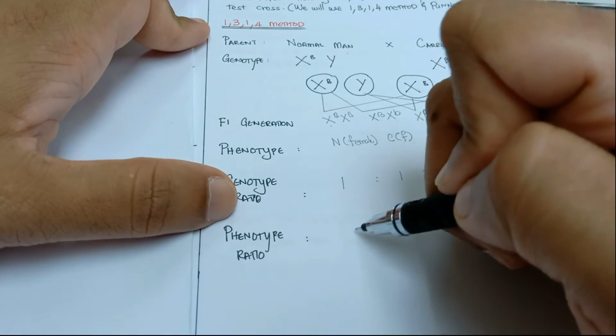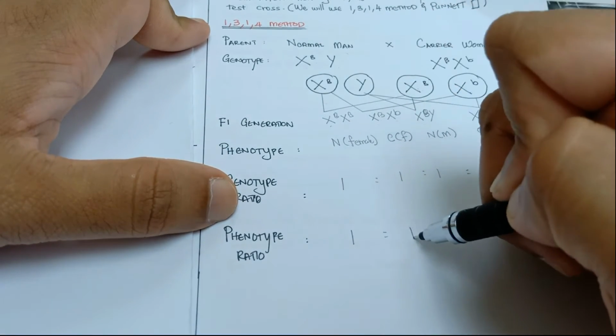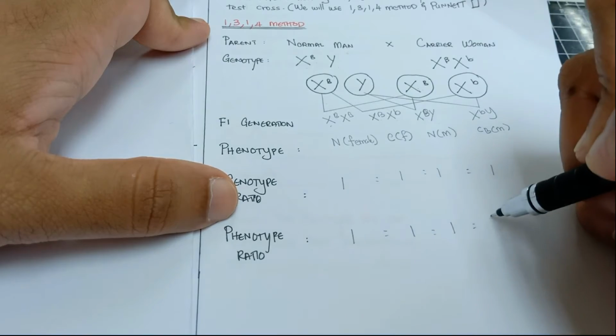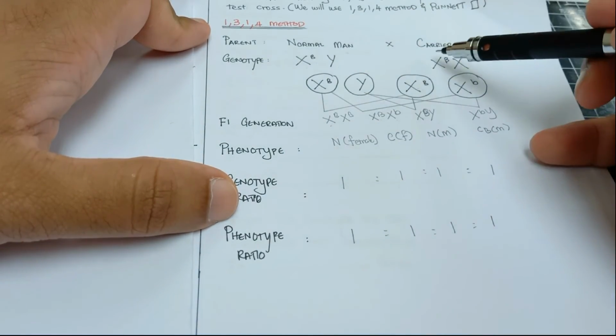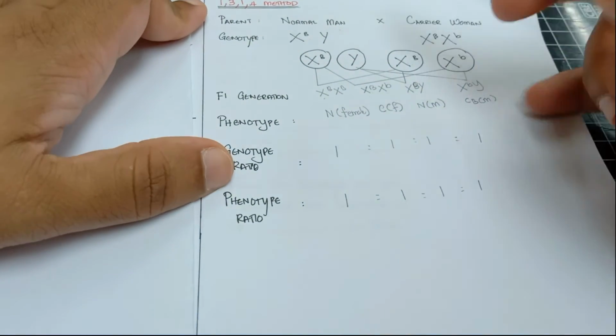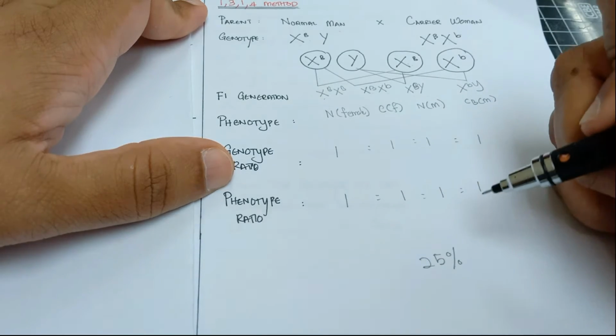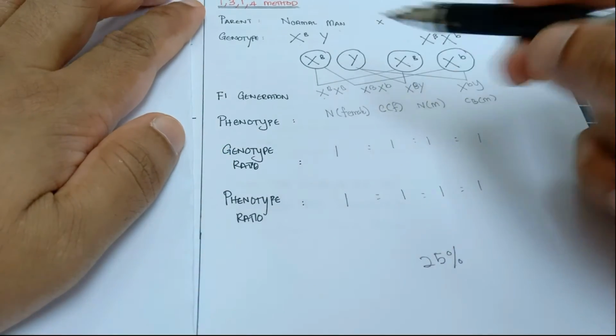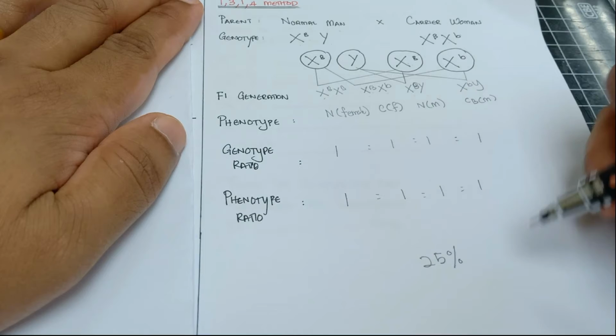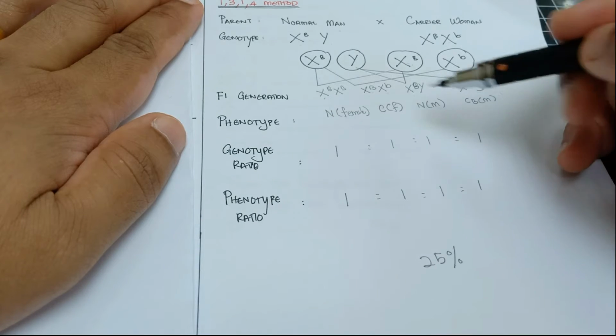So the phenotype ratio is also 1 to 1 to 1 to 1. So in this cross, this couple has a 25% chance of getting a child with these phenotypes.